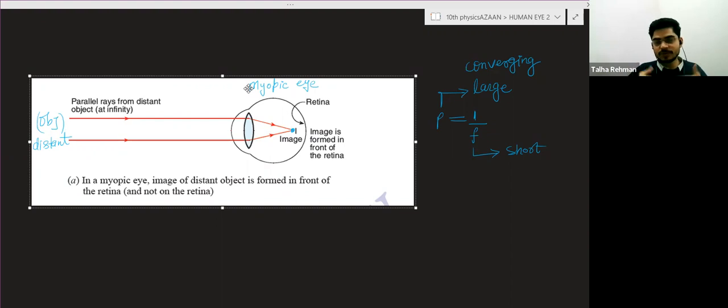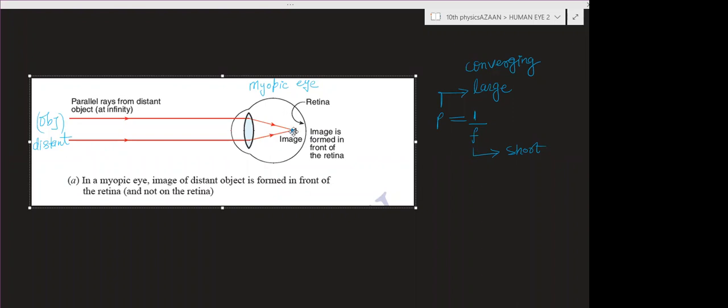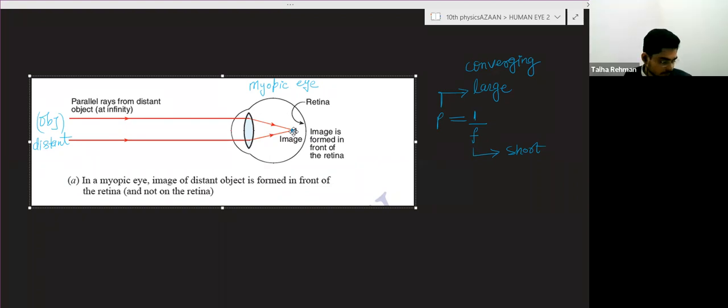That is why we are able to see the object. And here the image is formed where there are no rods and cones. That is why this eye is not able to see the image. So every thing has a reason.